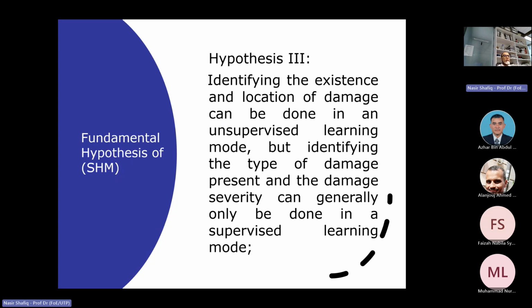Hypothesis 3: identifying the existence and location of damage can be done in an unsupervised learning mode, but identifying the type of damage present and the damage severity can generally only be done in a supervised learning mode.